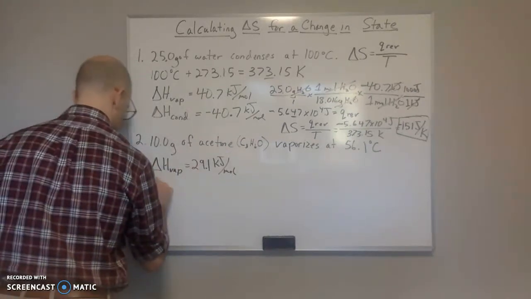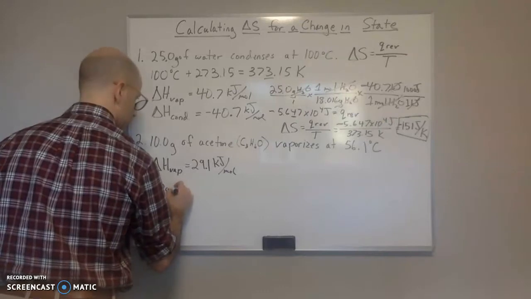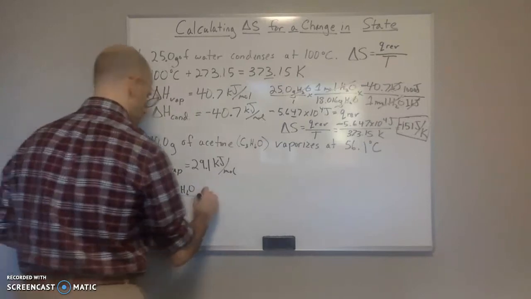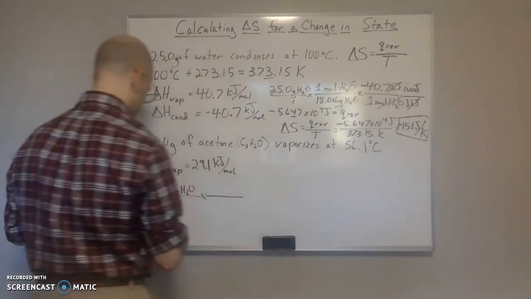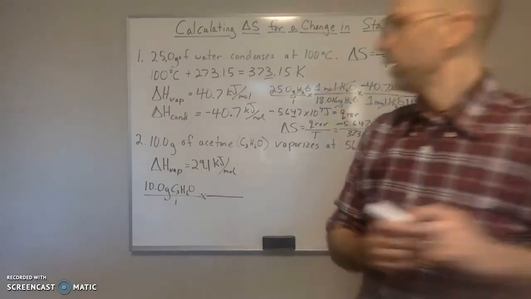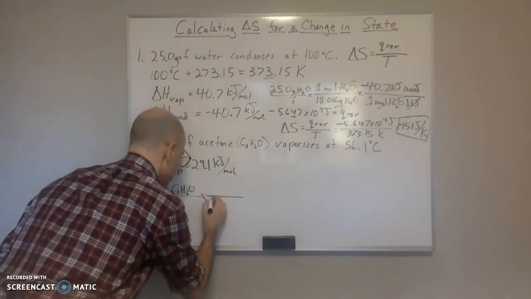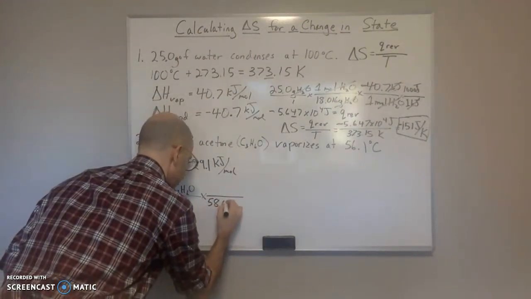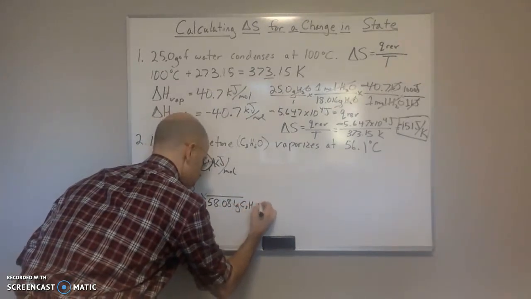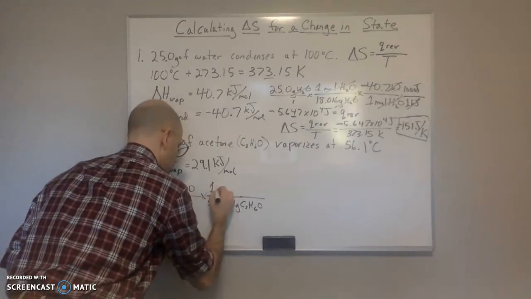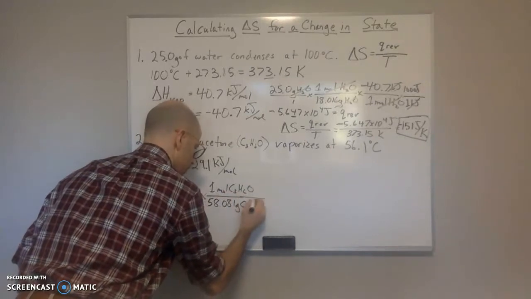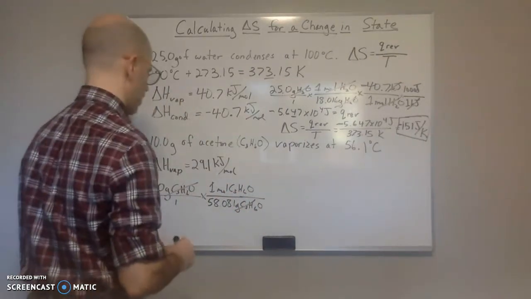Starting with 10.0 grams of acetone, C3H6O, we're going to multiply that by its molar mass. We need to calculate that first, and we get 58.081 grams of C3H6O, and then 1 mole of C3H6O on top. Grams cancel out.